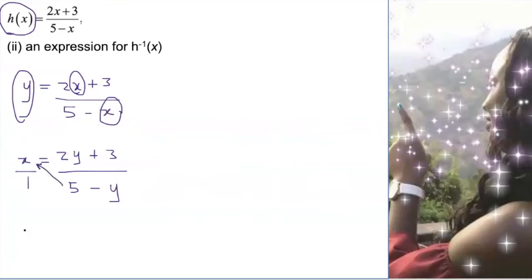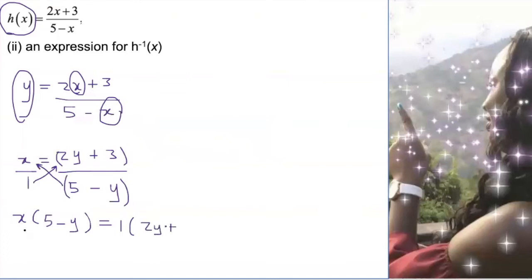Now, after doing this, we're going to put this over 1 and cross multiply. So multiply x times the (5 minus y) and 1 times (2y plus 3). So x times (5 minus y), getting rid of the fraction, is equal to 1 times (2y plus 3).